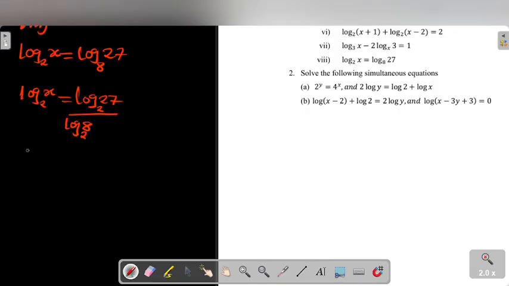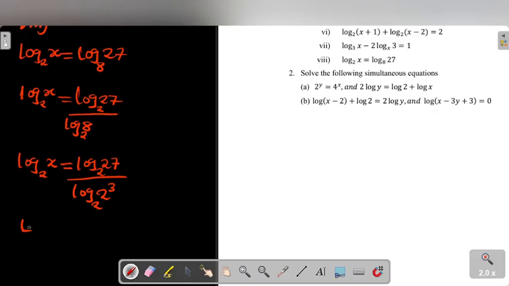From this point, we have log of x base 2 equal to log of 27 base 2 over log of 8 base 2, and 8 can be written as 2 to the power 3.